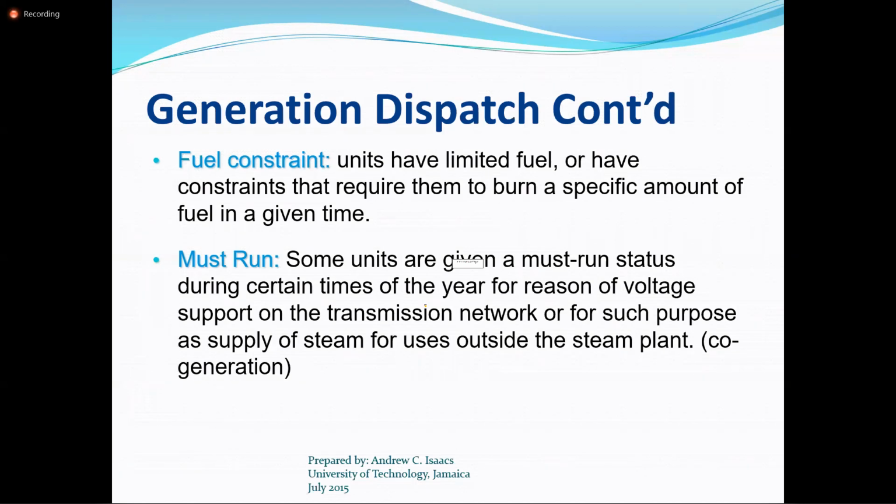You may choose a particular unit because you want the steam from it to be part of a processing plant.